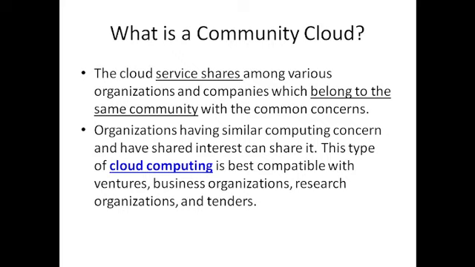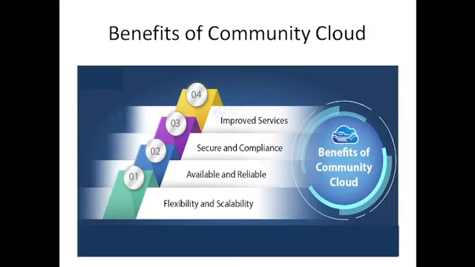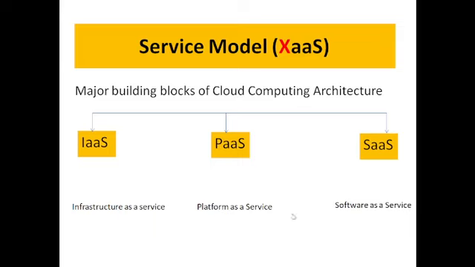Several shoe companies may have some common cloud that can be said as community cloud. So the benefits of community cloud are improved service, secure and compliance, available and reliable, flexibility and scalability. So that's about the cloud deployment models.